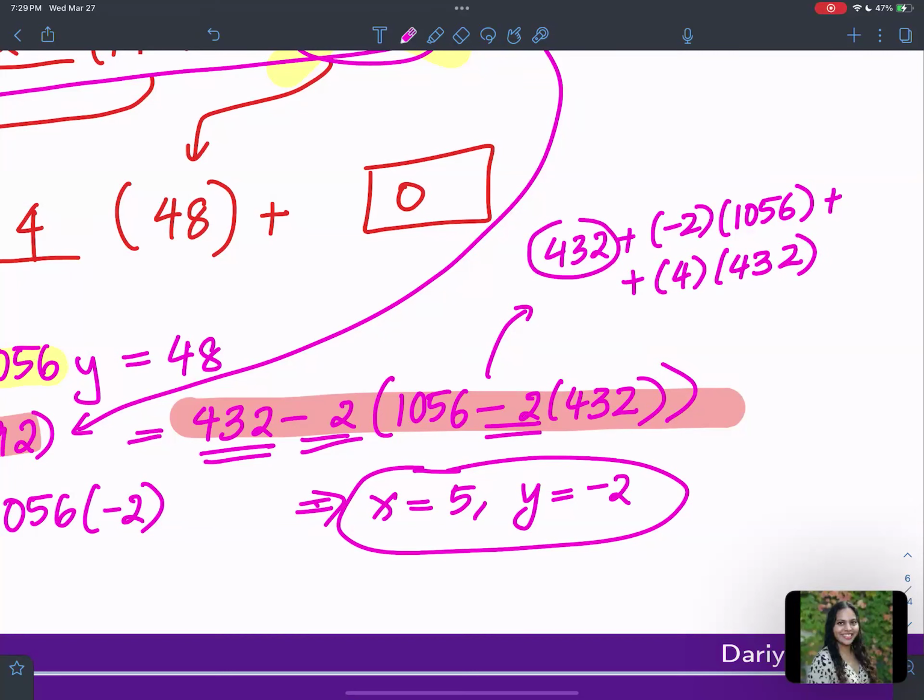And so this 432 and this 4 times 432 becomes 5 times 432. Does that make sense? This minus 2 and this minus 2 becomes 4 when you multiply.